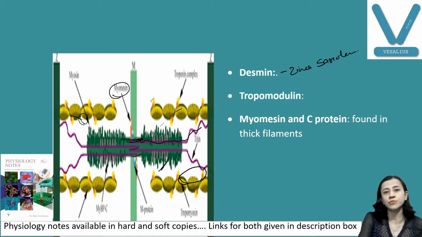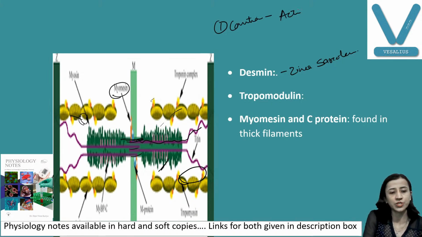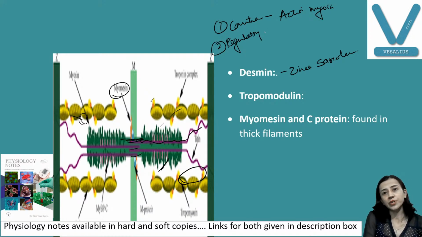I repeat all the proteins. One, contractile proteins in the muscle. We have discussed they are actin and myosin. Okay. Second are regulatory proteins. Regulatory proteins are troponin and tropomyosin.